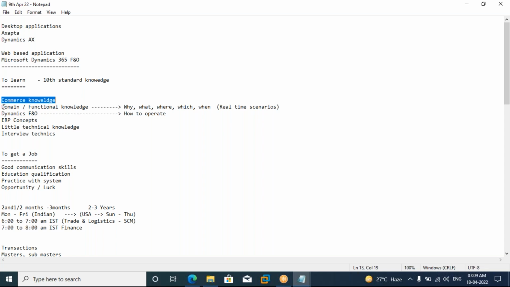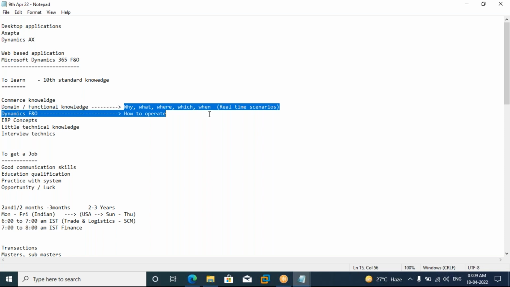Domain knowledge means why, what, where, which, when. That means real-time scenarios. Everything is real-time scenarios only. I will explain on the notepad, I will explain on the paintbrush, then I will show in the system what I am going to teach you. And then how to operate, that is really required.